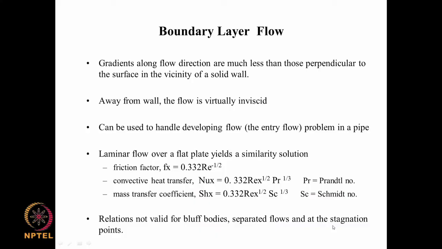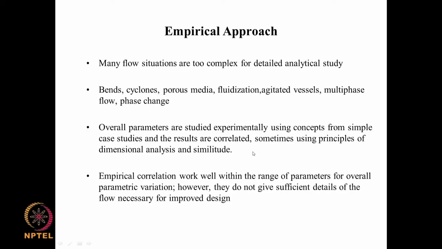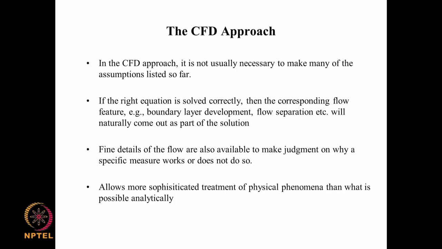And also for separated flows and very close to the stagnation point where the boundary layer thickness is large compared to the distance traversed along the surface. So, these are all useful things, but these are not for the general case, and we can also do the empirical thing, but these are not for the general case.